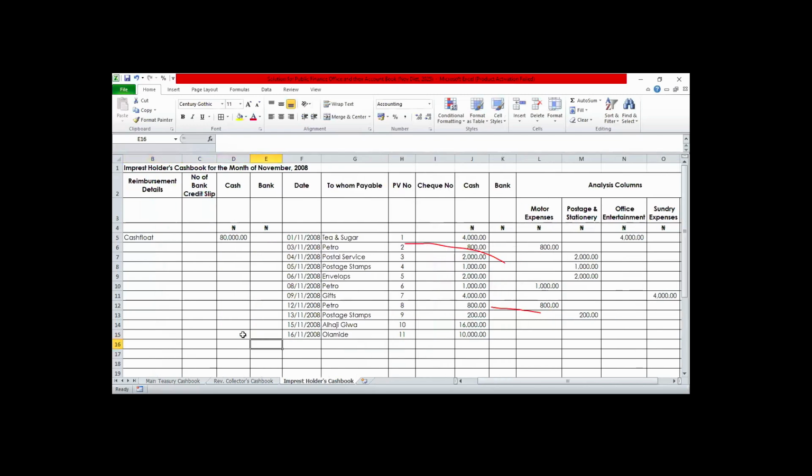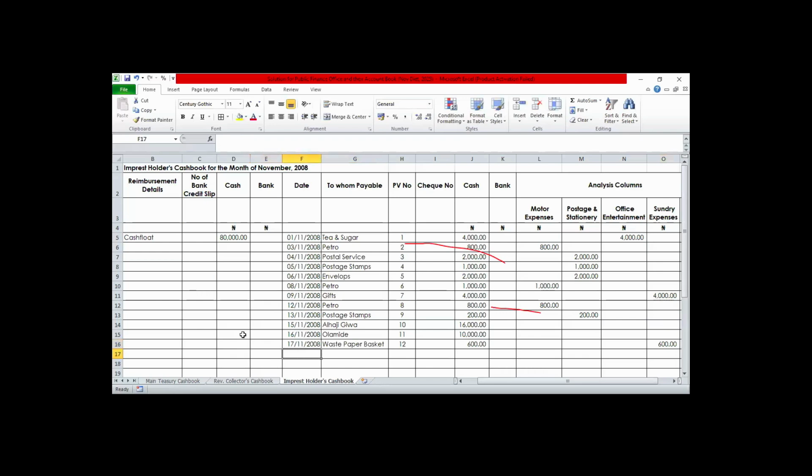The next one, November 17, waste paper basket, 600 naira. It goes to sundry, but we don't have a column for anything relating to that.